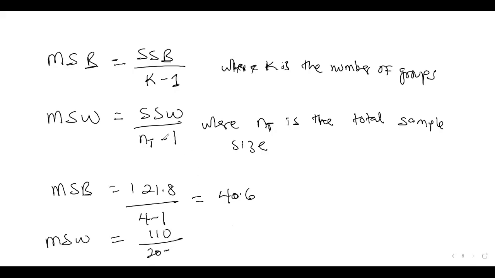Sorry, here the formula is nt minus k. Sorry about that. It's nt minus k, not nt minus 1. So this is going to be 20 minus 4, because we have 4 groups. So we have 110 divided by 16, and that is going to give us 6.875.